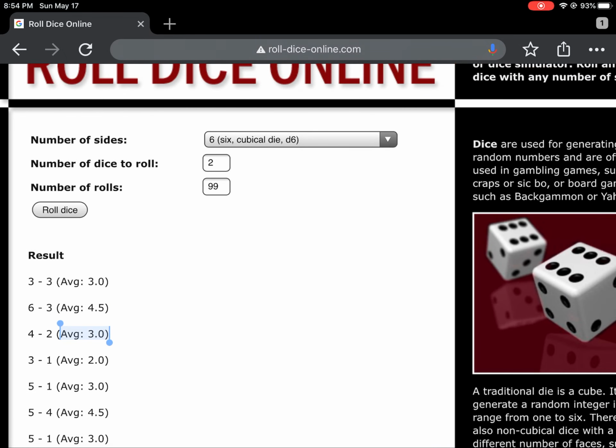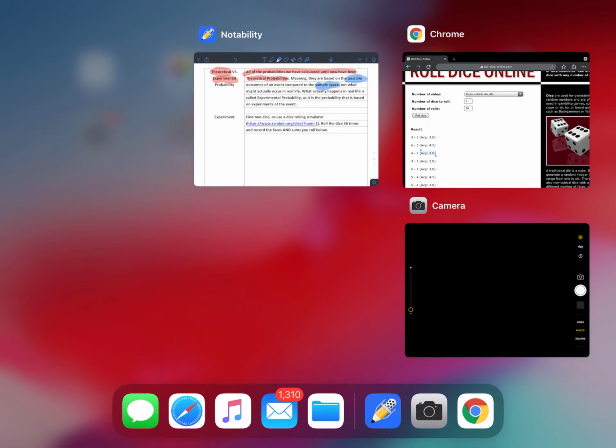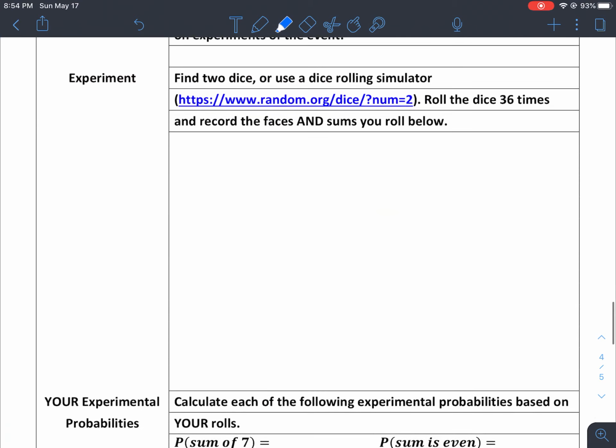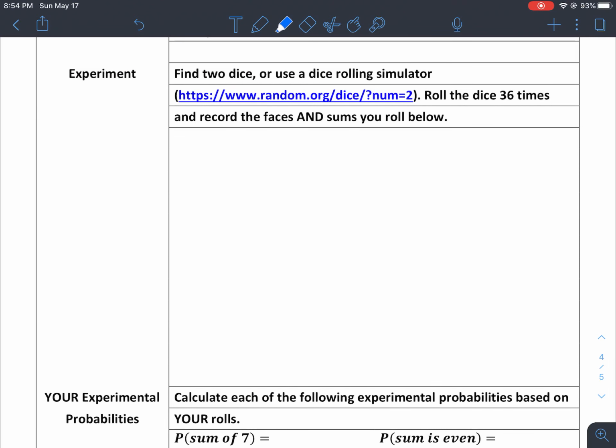But you can either use your own physical dice or something like that, and I want you to roll 2 dice 36 times, and record the numbers you got and the sum below. So for example, I got 3 and 3, which if I add those up is 6.